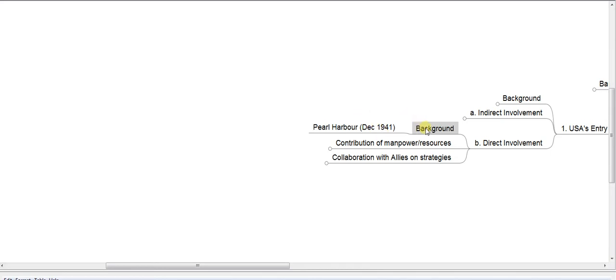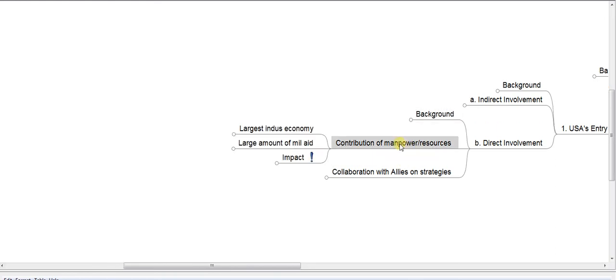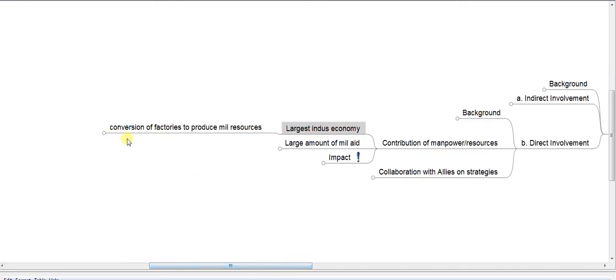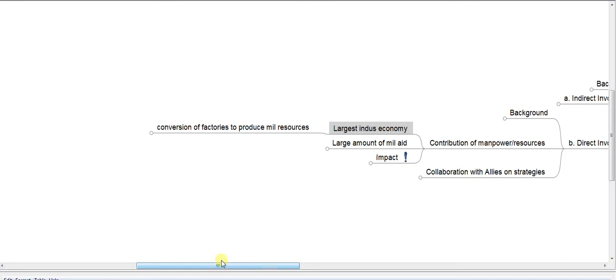Okay, so now that it was directly involved, it could contribute manpower and resources. So essentially, the USA was the largest industrial economy, and what it was able to do was to convert its own factories producing cars, for example, to produce military resources. So a lot of car factories were converted into tank factories, weapon factories, for example.